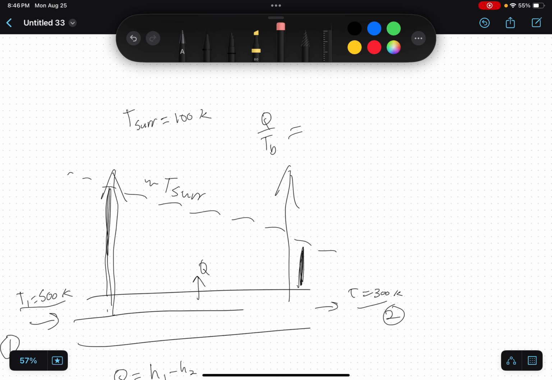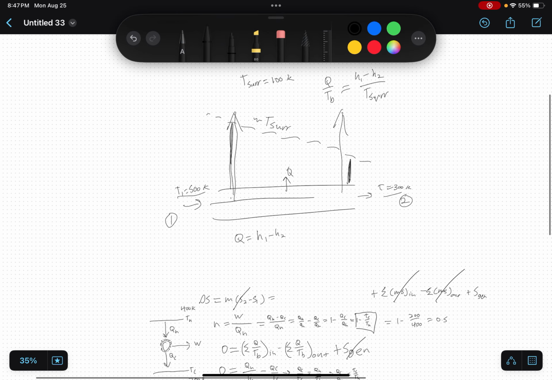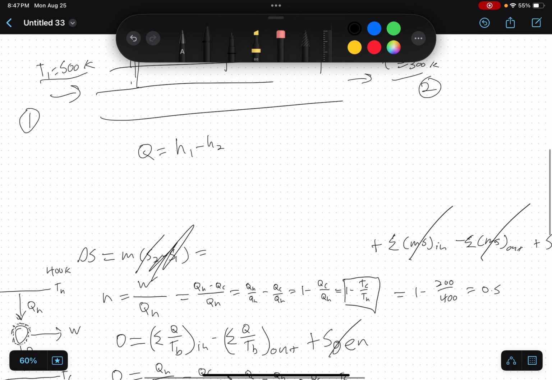So I'll just write it. H1 minus H2 over TB, which is just T surrounding. Yeah, that might be the way to do it for this problem. And what else would you have in this problem? You wouldn't have this because there's no internal energy.